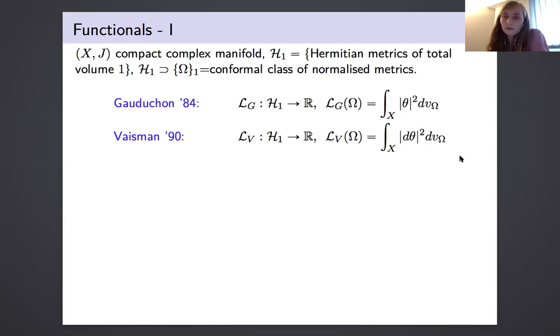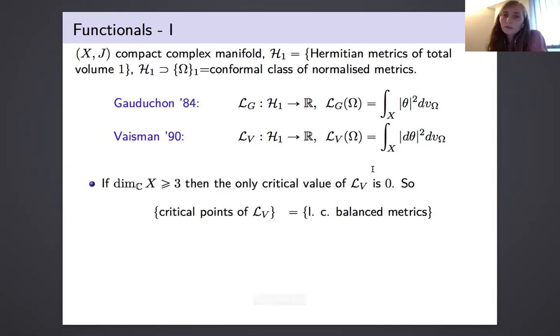So Weissman looked at this because he was hoping, actually he only looked in complex dimension 2, in the hope that the critical points of this functional might be the locally conformally Kähler metrics. In any case, it's clear that locally conformally Kähler metrics are critical points of this.